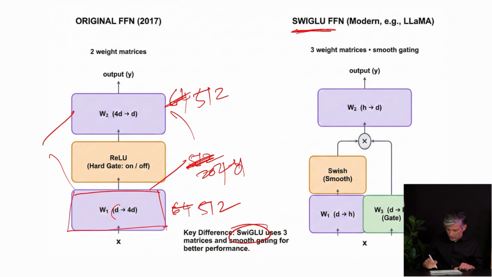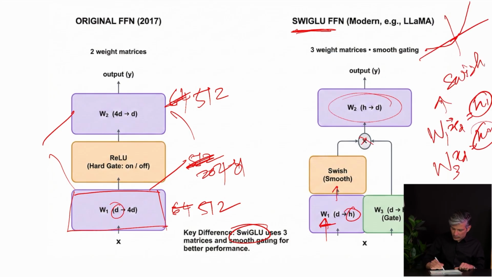So you have your H1 and your other H, H2, and on H1 you apply this swish, and then you do a pointwise multiplication with your H2. And then on top of this, you apply your last W, W2. This is what we now do in our modern FFNs. In our modern feed forward network, we use SwiGLU.